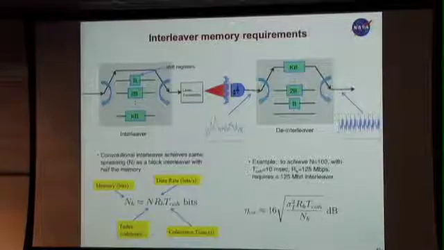Basically, you calculate how many bits fit into a coherence time, the product of the data rate times the coherence interval, and how many fades you want to average into each code word so your code word sees a representative sampling. And that's how big your memory size has to be. And with that, you can get this approximation as to how much you lose relative to the ideal case if you didn't have the fading.